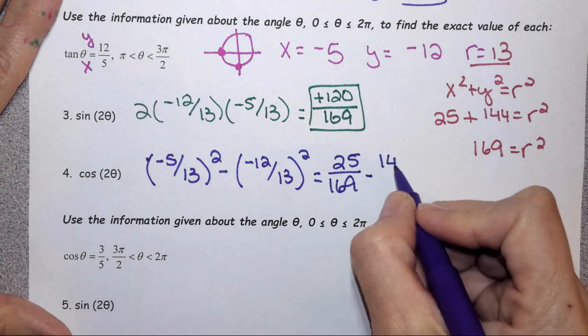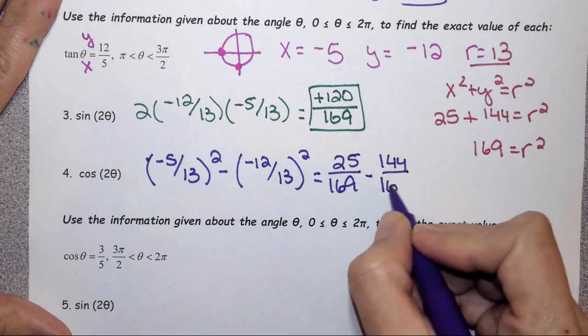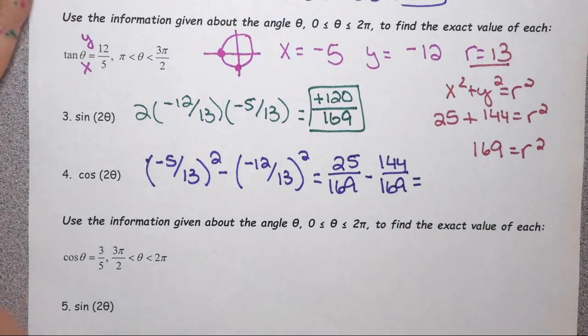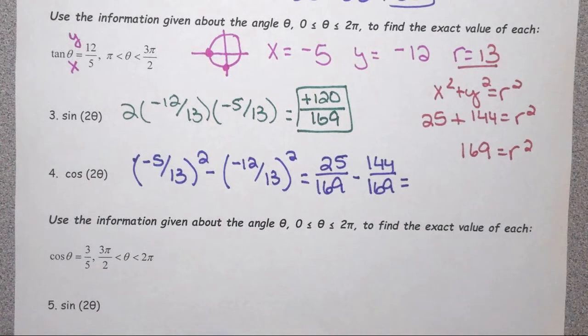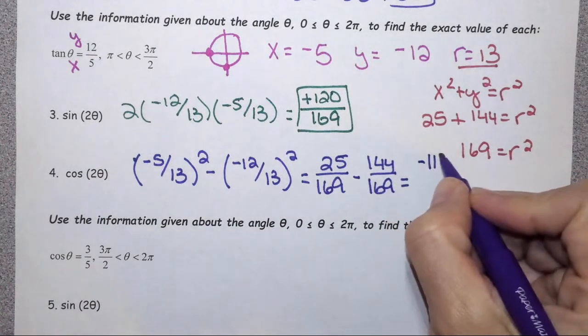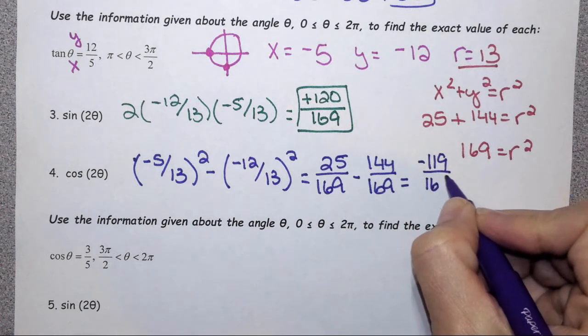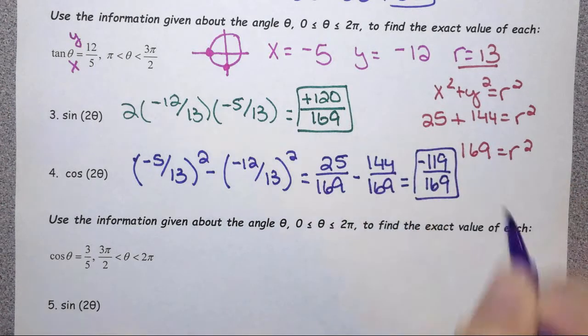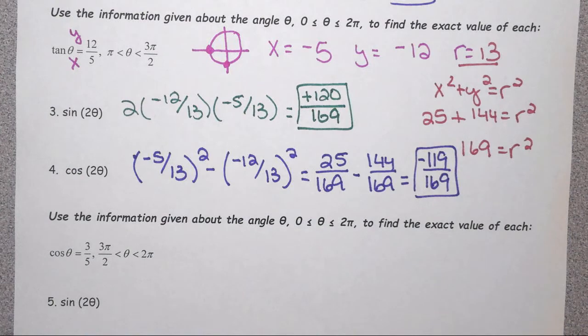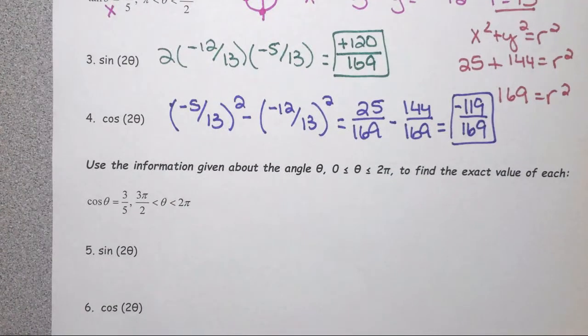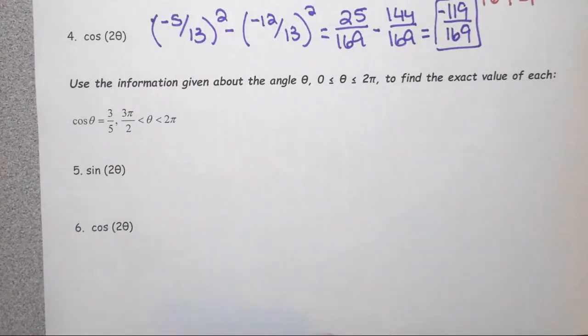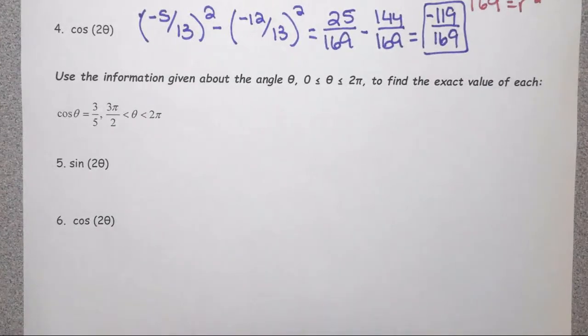Negative 12 squared is 144. 13 squared is 169. 25 take away 144 is negative 119 over 169. Okay, again, pause the video, go try number 5, and then come back and check your answers.